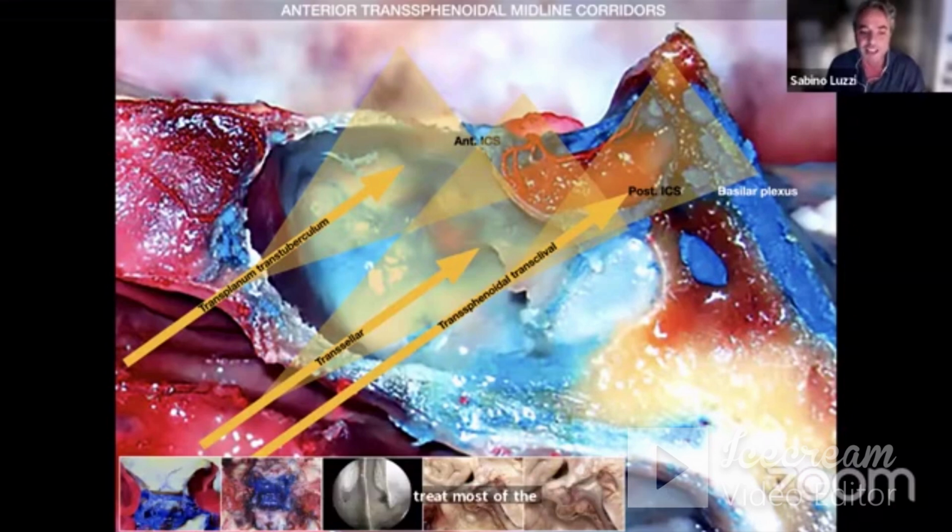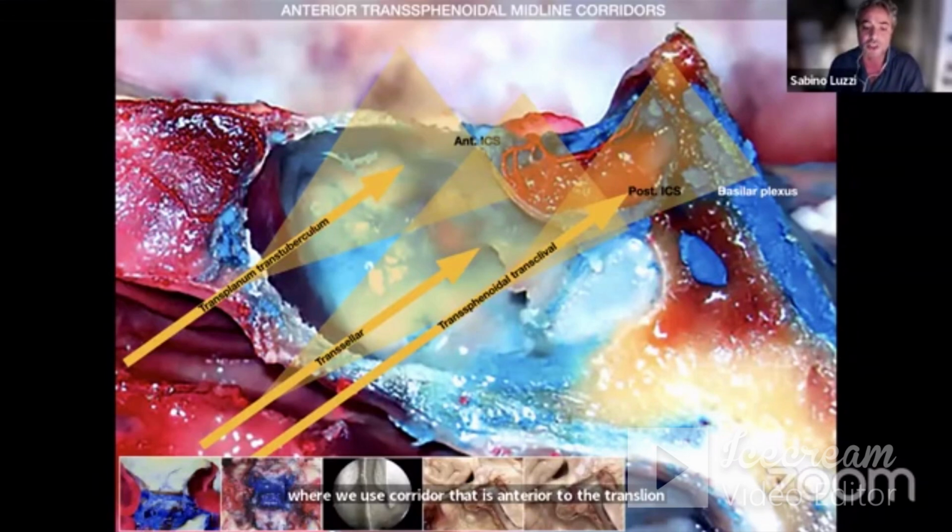The most classic one is the transsellar transsphenoidal, a corridor that we use every day to treat small or huge pituitary adenomas. But we can also have a transplanum transtuberculum approach, where we use a corridor that is anterior to the transsellar approach to approach some lesions involving the anterior and also middle intracranial compartment and supratentorial space.